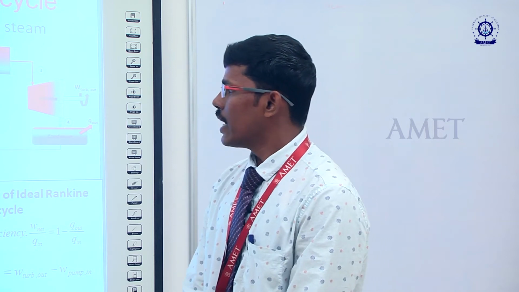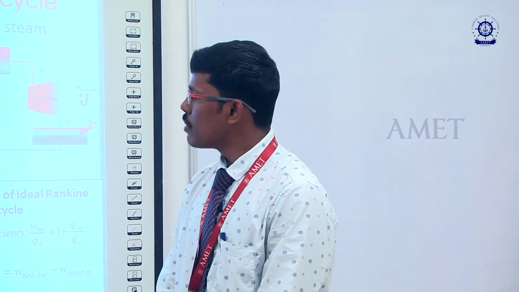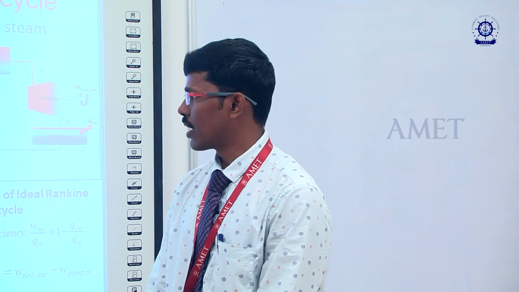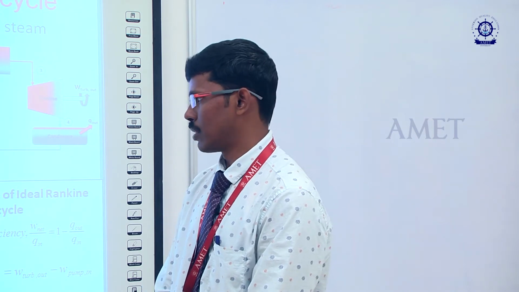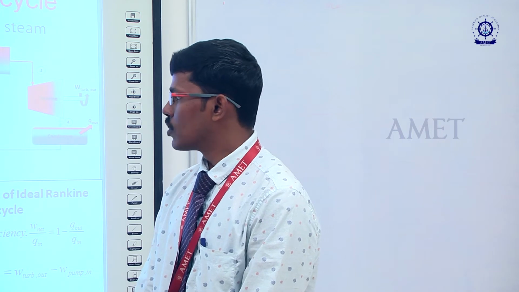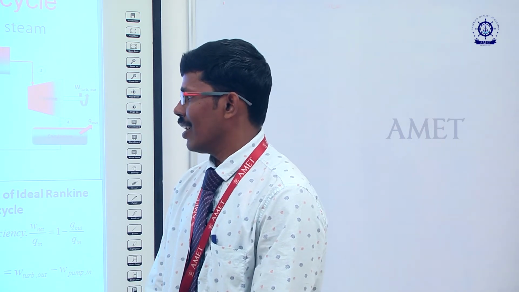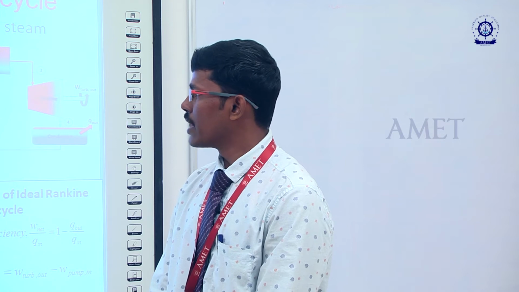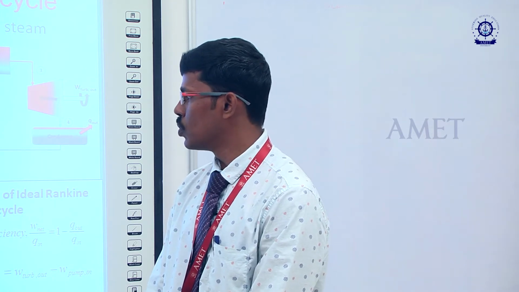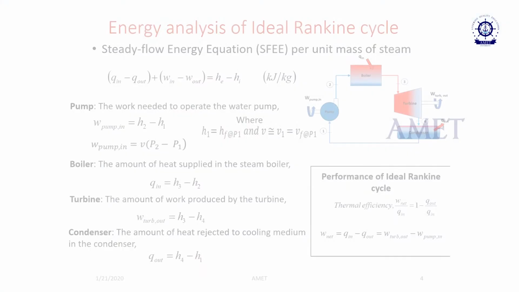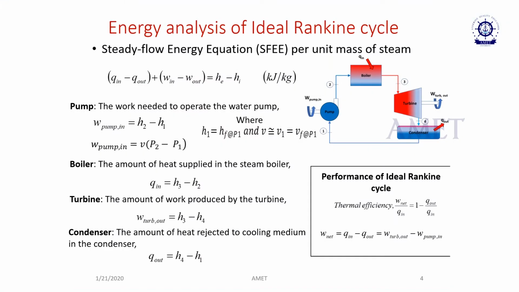Okay. Next, let us move on to the boiler. In the boiler, heat addition is happening and no work is done on the system. The heat transfer is considered and the work transfer is eliminated. So, the equation reduces to Q in is equal to H3 minus H2. Next we move on to the turbine.